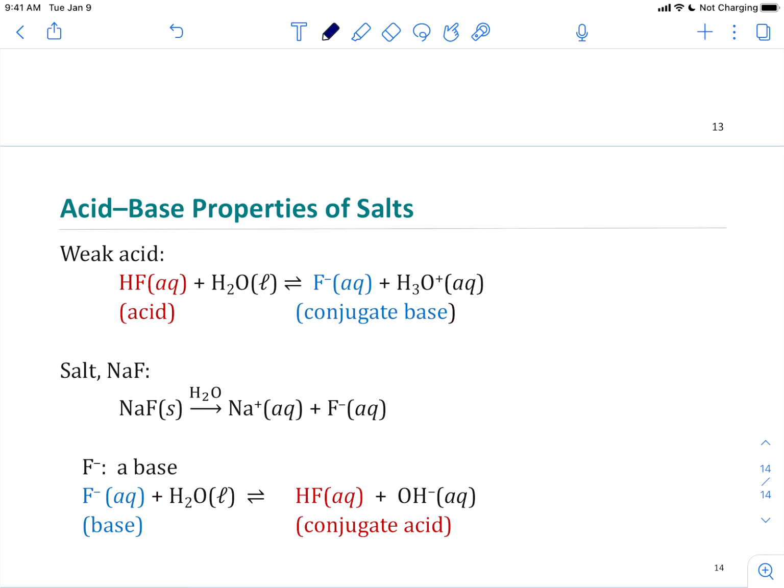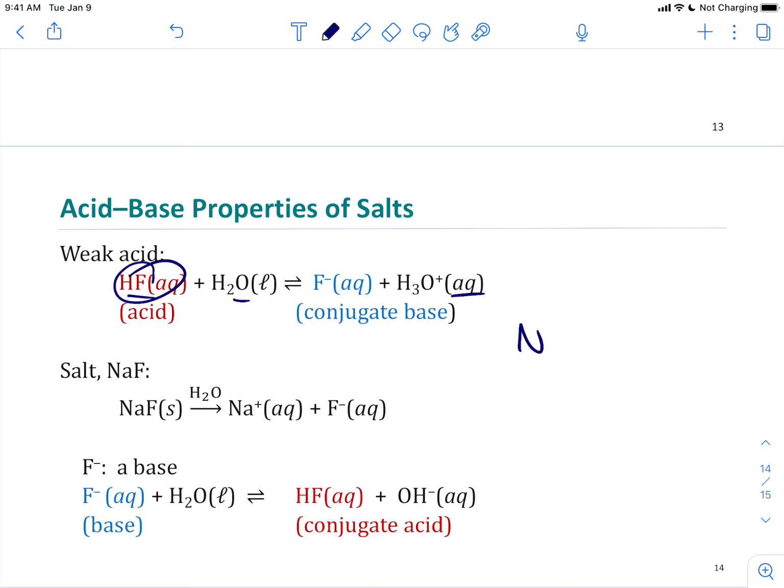And here's the exact example I gave. Here's HF. It's a weak acid, so it does this in solution, but it doesn't do it to an appreciable extent. We still have a bunch of this left in solution. But now imagine instead of adding HF, you're adding a salt. A salt is really just a cation from a base and an anion from an acid.